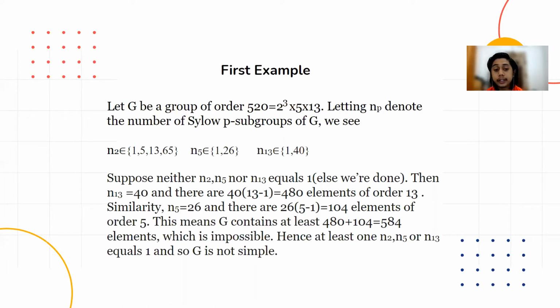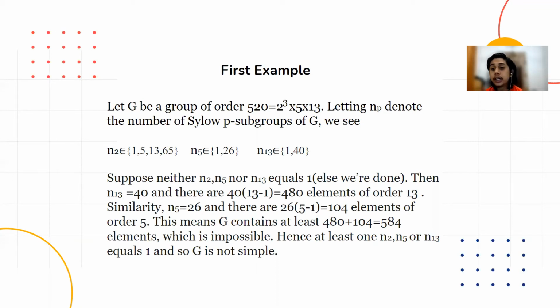Similarly, n_5 is equal to 26, and there are 26 times (5 minus 1), equal to 104 elements of order 5. This means G contains at least 584, which is 480 plus 104, elements.